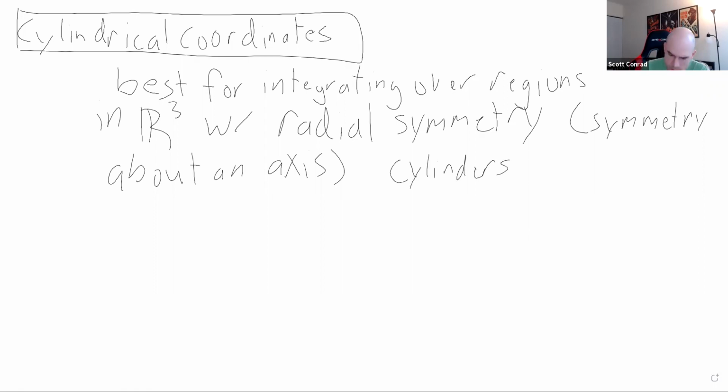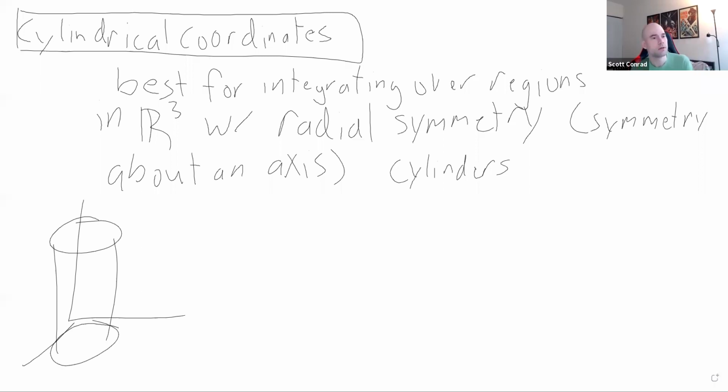So cylinders, right? You have a cylinder. It's symmetrical about the z-axis, right? You basically rotate something about the z-axis and you get your cylinder. So your cylinders, your cones, sometimes elliptic paraboloids.